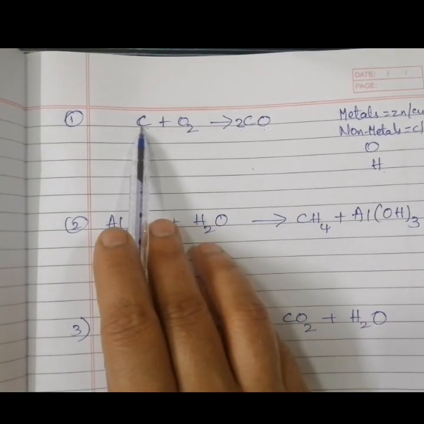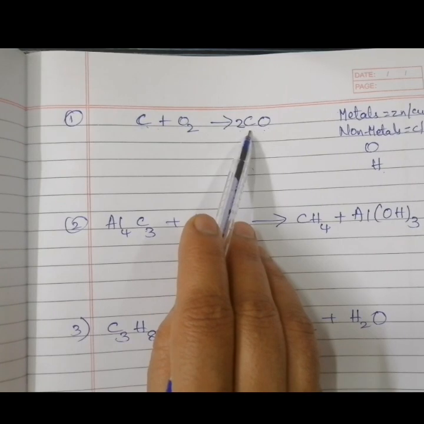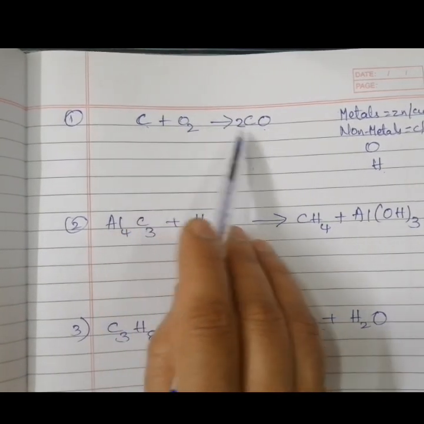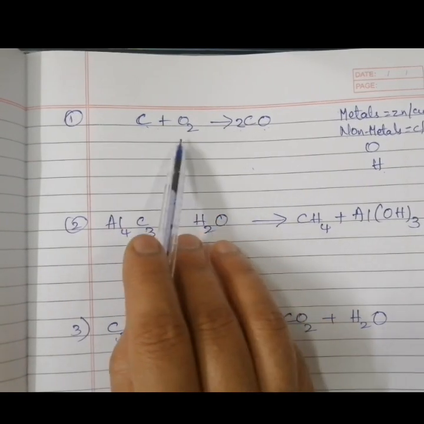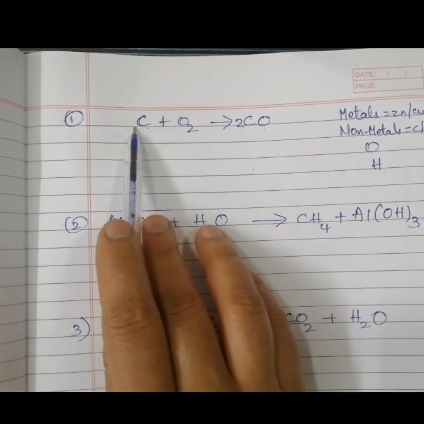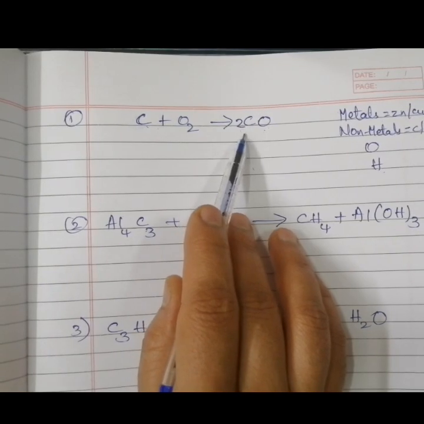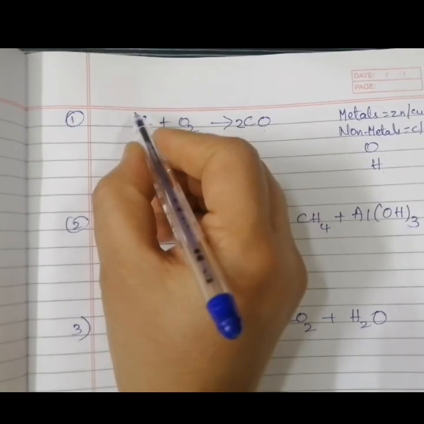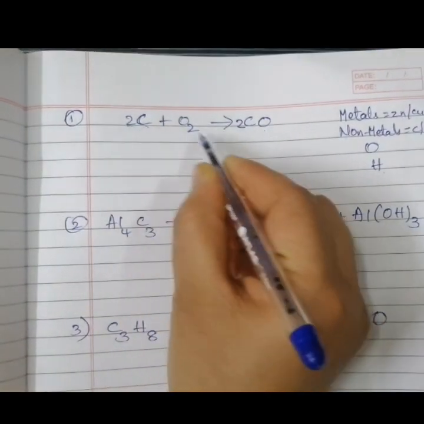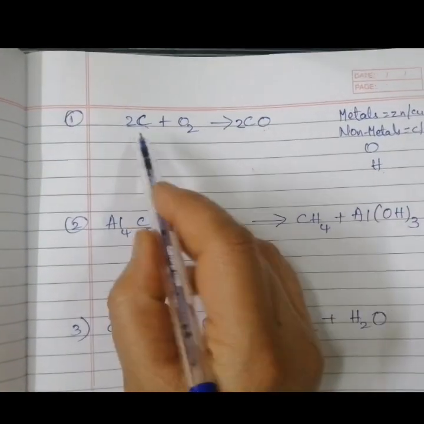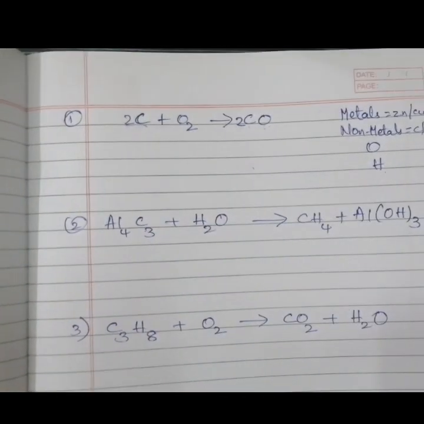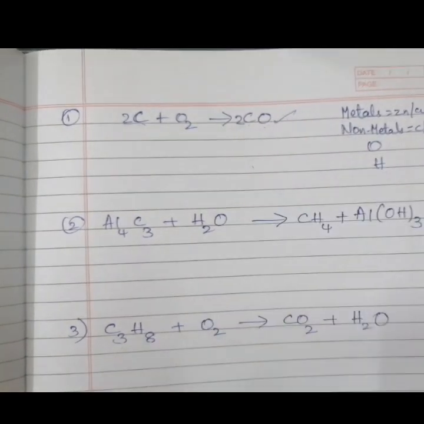Earlier we had balanced carbon, but after balancing the oxygen the carbon became imbalanced. Here one carbon is there, here two carbons. So again we balance the carbon: two carbons. Now on the left hand side two carbons and on the right hand side two carbons, two oxygens and two oxygens. Now this equation is balanced.